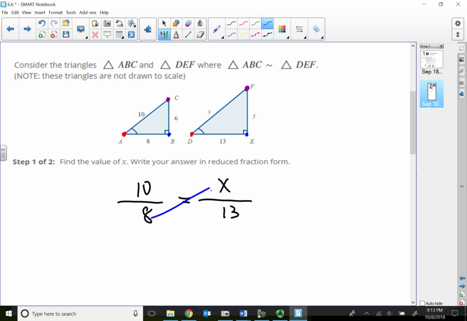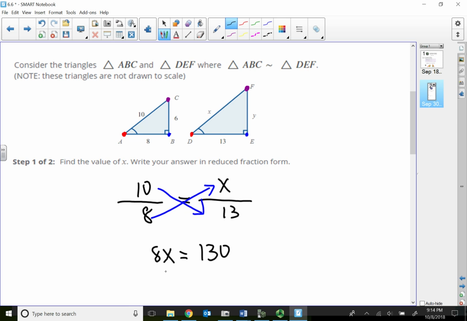We did this back in module 4. 8 times x is 8x, set equal to 10 times 13, 130.